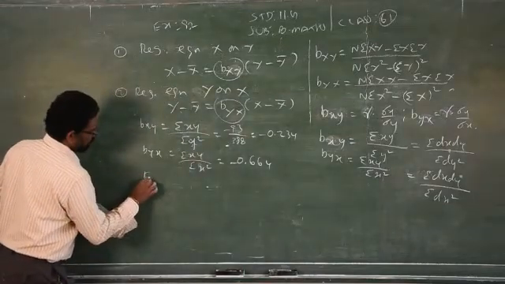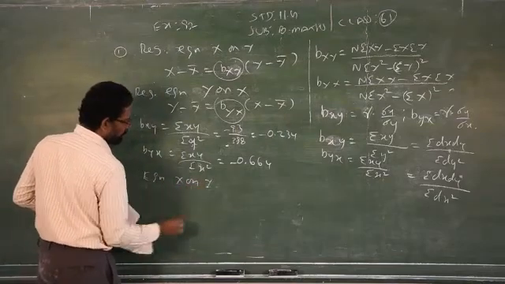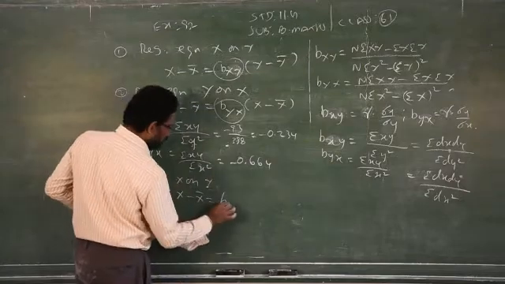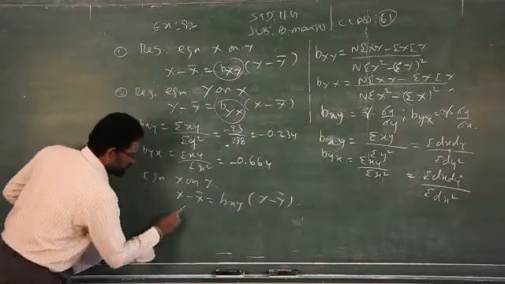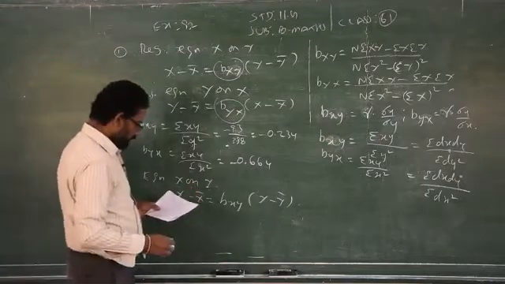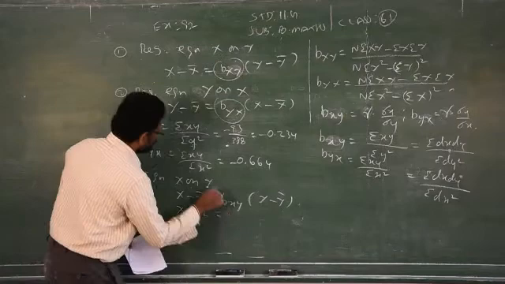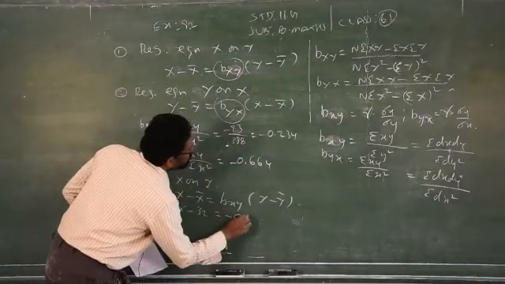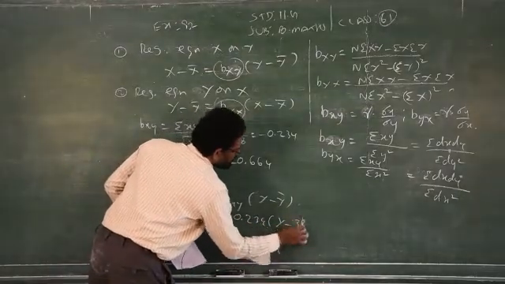Now first one, equation x on y. What is the formula? X minus x bar is equal to bxy times y minus y bar. What is x bar? X bar we found already as 32. So x minus 32 is equal to bxy, we found already minus 0.234, times y minus y bar. Y bar is 8.